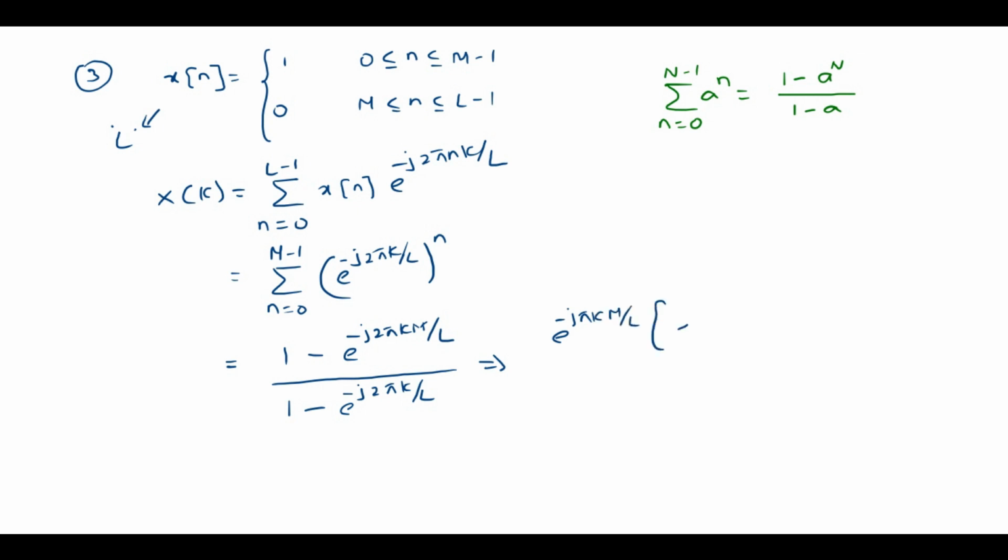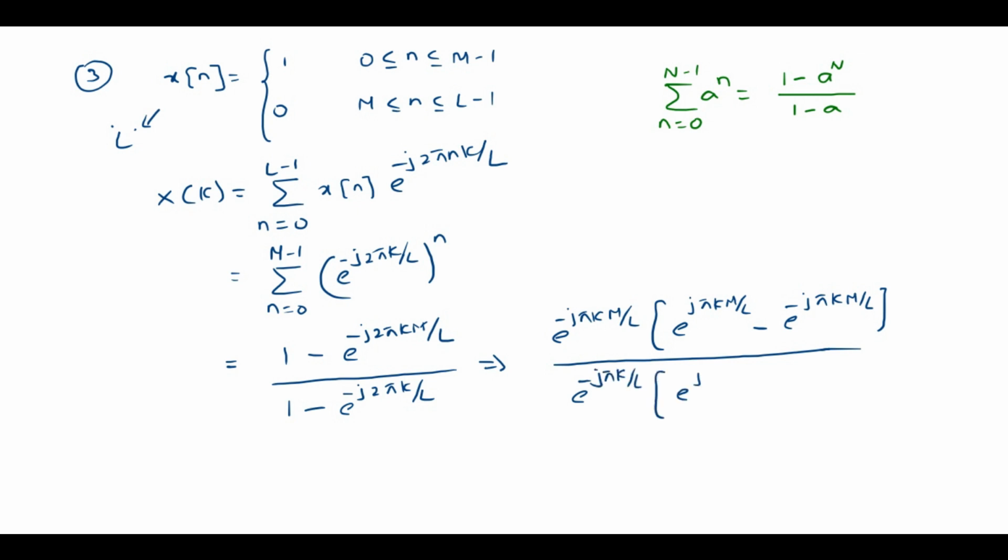So you will get e power j pi k M by L minus e power minus j pi k M by L. In the denominator also I am taking e power minus j pi k by capital L as common.